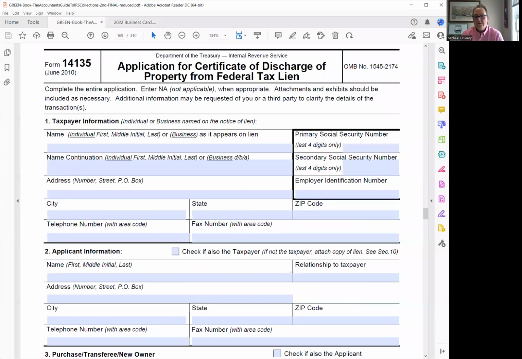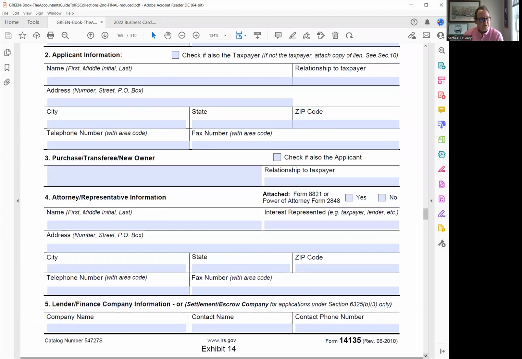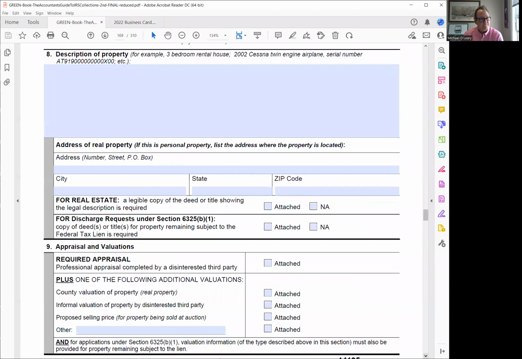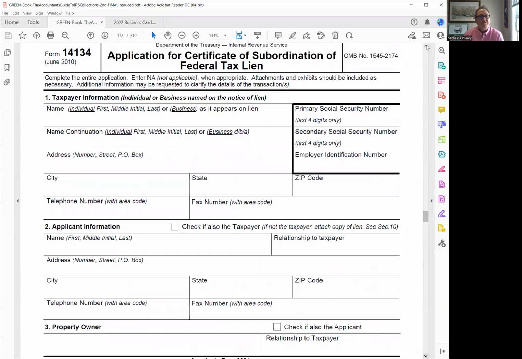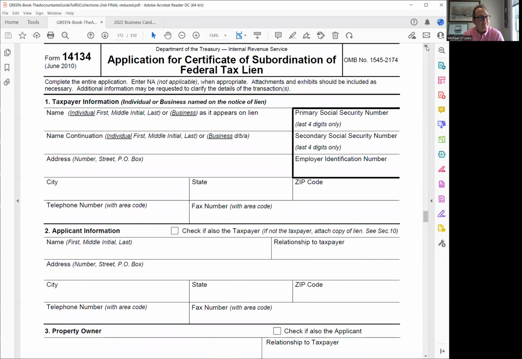Okay, so here is the form that the taxpayer would have to submit. This is a discharge. I'm going to show you the subordination. Okay, so it's form 14134, application for certificate of subordination of a federal tax lien.